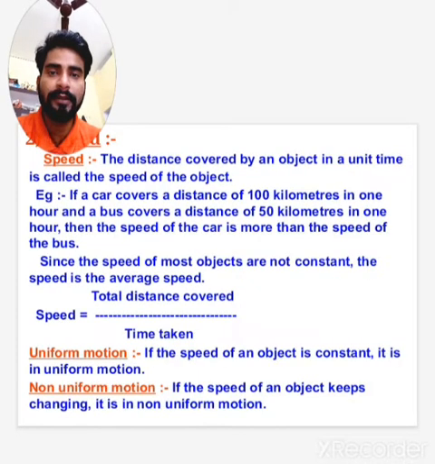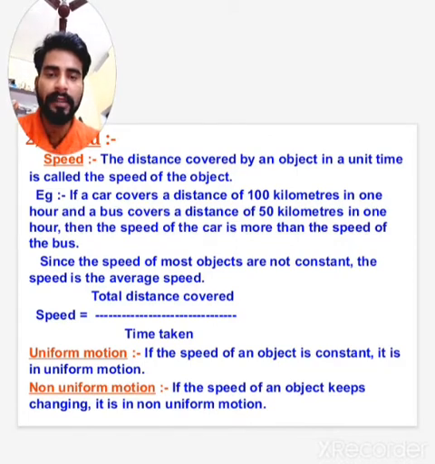After that, we have to understand speed. What is speed? Speed is defined as the distance per unit time. So speed is equal to total distance covered divided by time taken. The same formula is used for finding average speed.